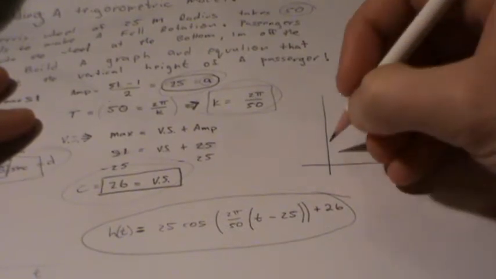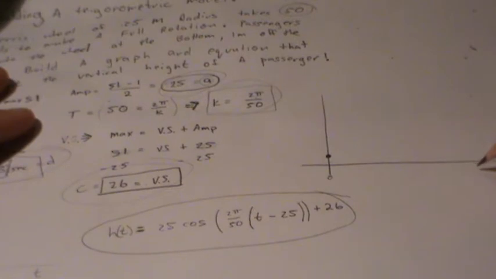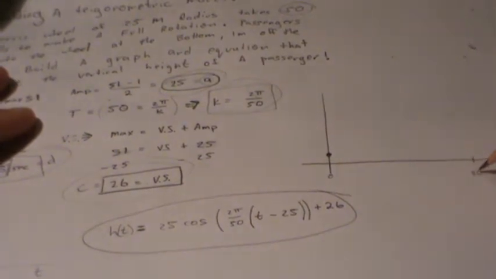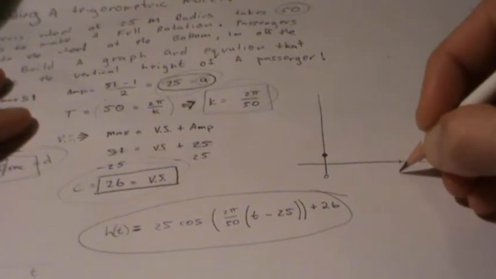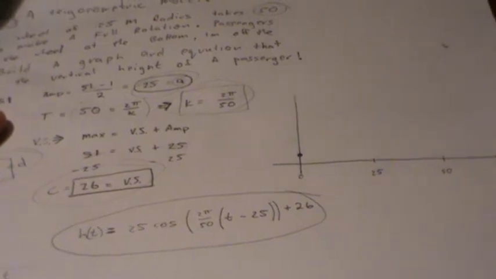Okay, so I know that from 0 to 50 and 25, and then I'll just go to 75 as well here.